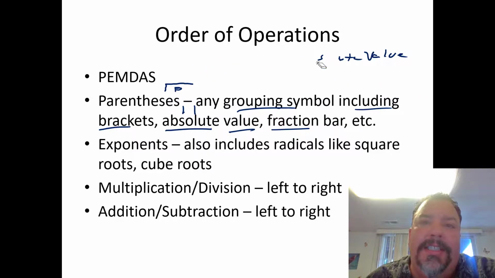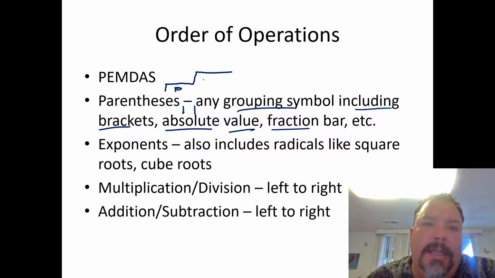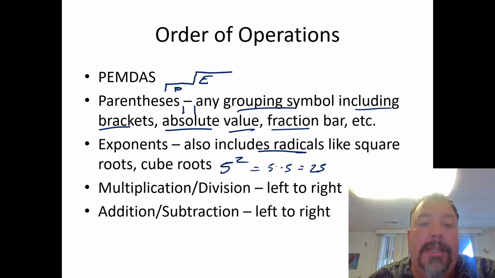So parentheses and grouping symbols come first, and then we do exponents. Along with exponents like squaring, like 5 squared would be 5 times 5, or 25, we also have to do square roots, like the square root of 25 is 5.